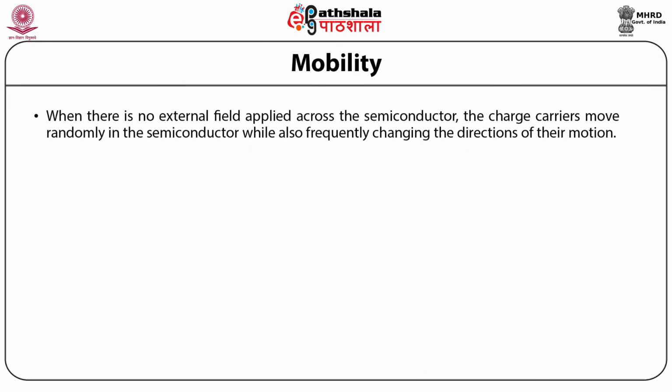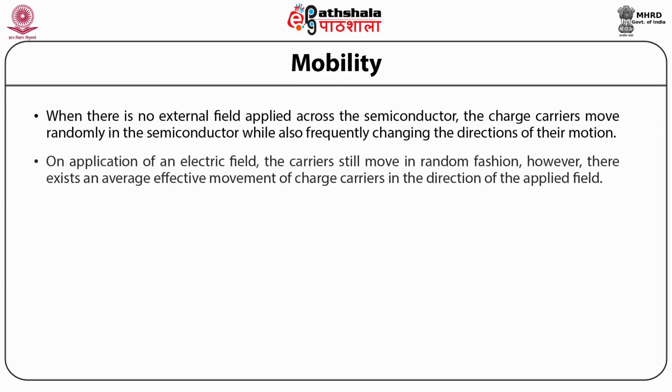When there is no external field applied across the semiconductor, the charge carriers move randomly while also frequently changing the direction of their motion. On application of an electric field, the carriers still move in random fashion.